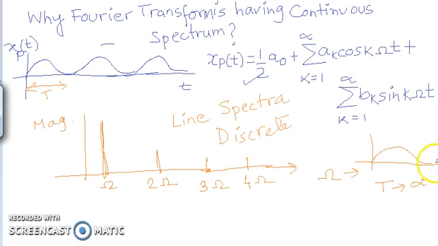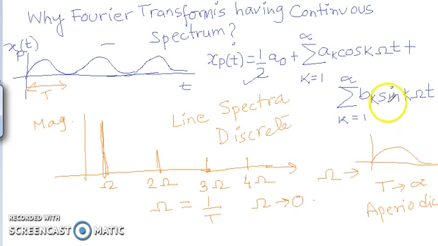So if the time period of a signal is tending to infinity, that will be called an aperiodic signal. Okay. Now, what is going to happen then? We know that frequency is the inverse of time period. Now, for an aperiodic waveform, if T is tending to infinity, definitely omega will tend to 0.